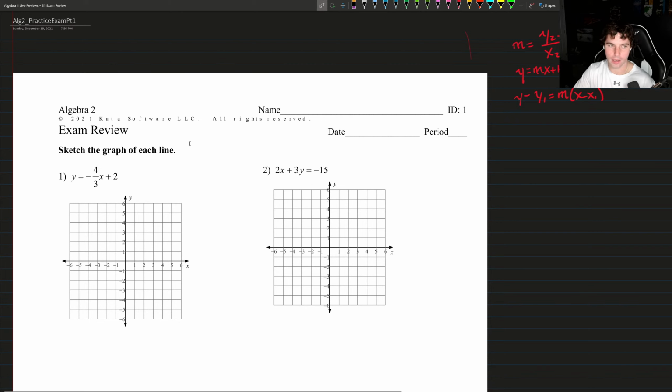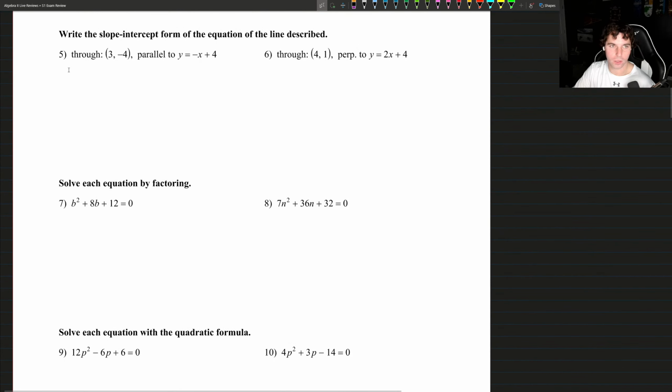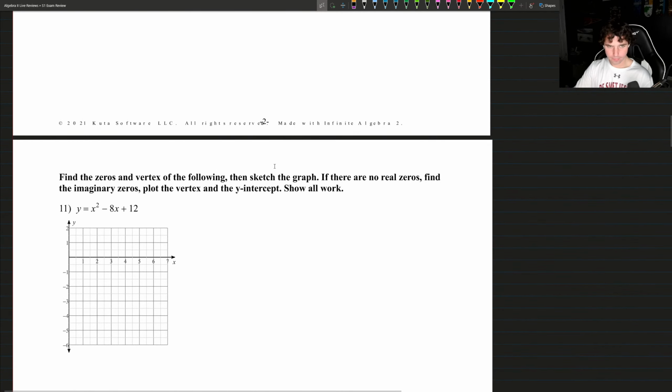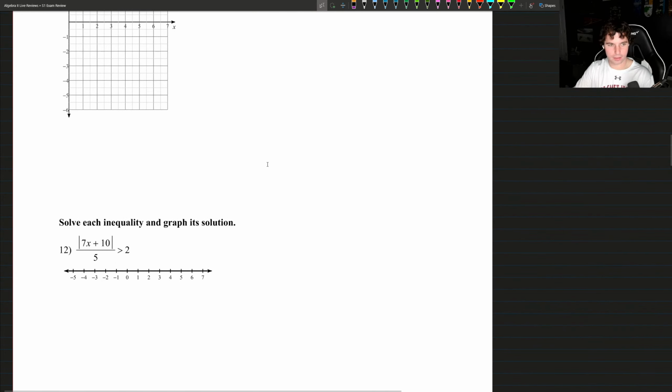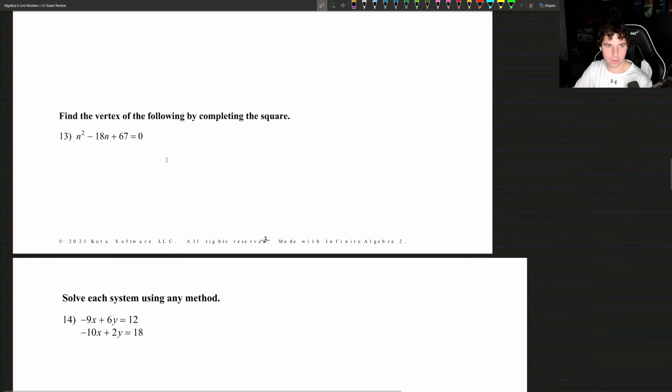Perpendicular has opposite reciprocal slope. We'll go over this here in a second. Parallel has the same. After that, we go into factoring quadratics, both easy and hard. Then we go into using the quadratic formula, graphing quadratics, a little bit of inequality work, back to quadratics.